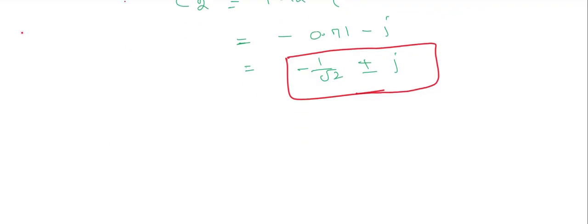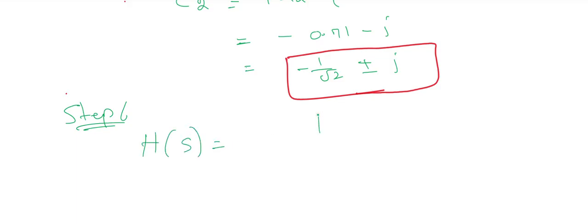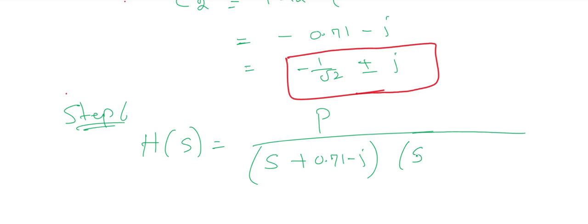So now step 6. The transfer function can be written H of s equal to P by s plus 0.71 minus j, and the other one is s plus 0.71 plus j.